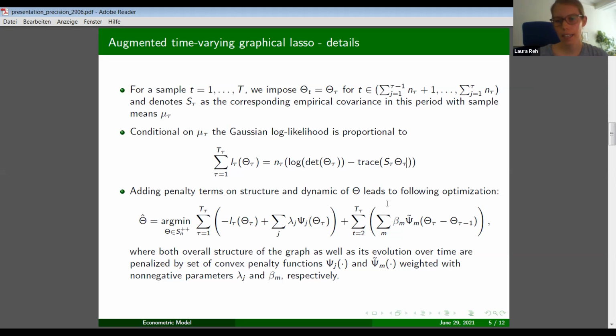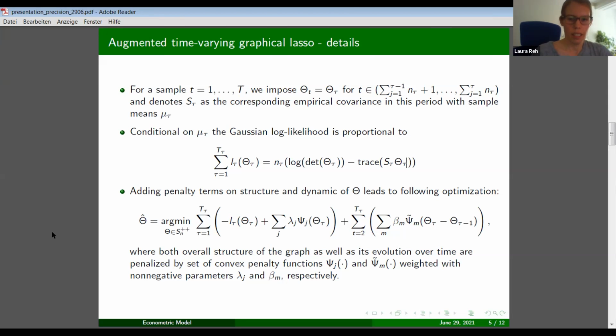And then we have the second part, the new part for the time varying graphical Lasso: additional loss functions psi tilde m, where we penalize differences in subsequent timestamps of theta, so theta tau minus theta tau minus 1. What we could address here is, for example, turnover, something like that.